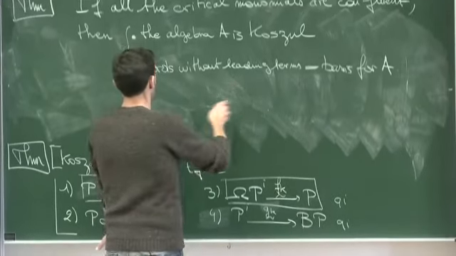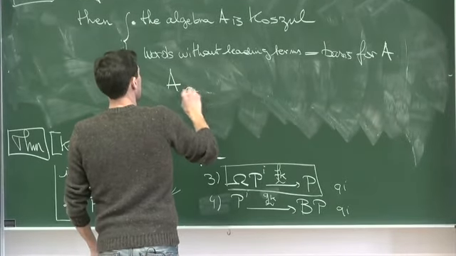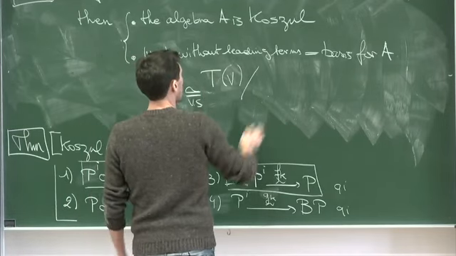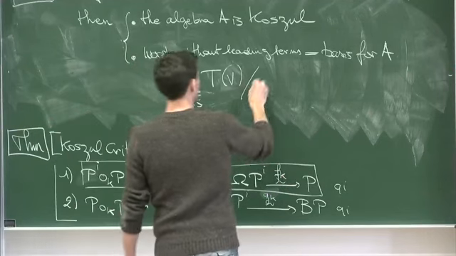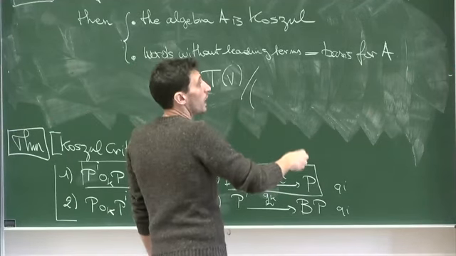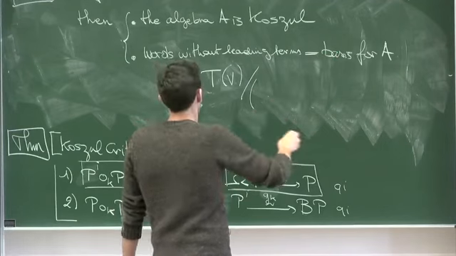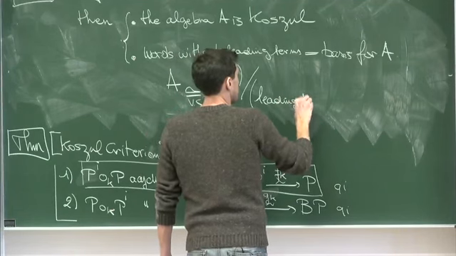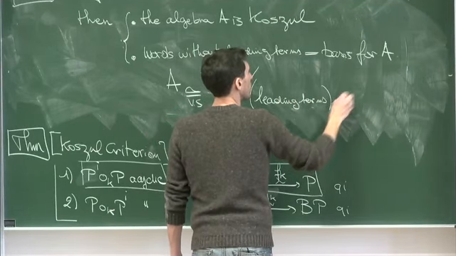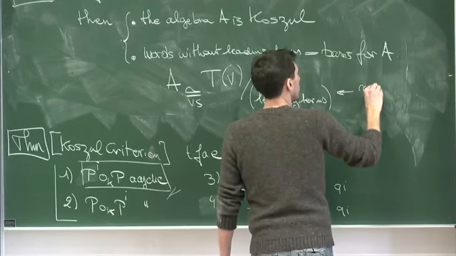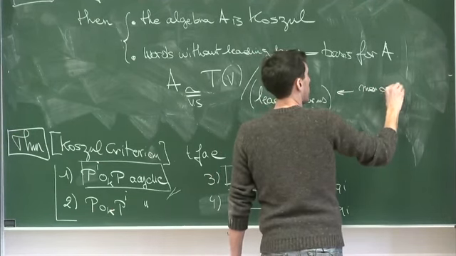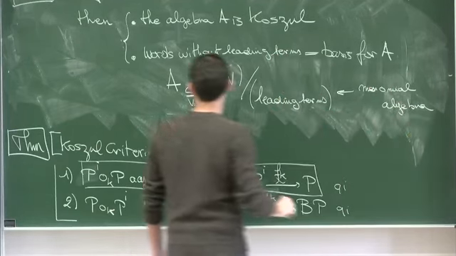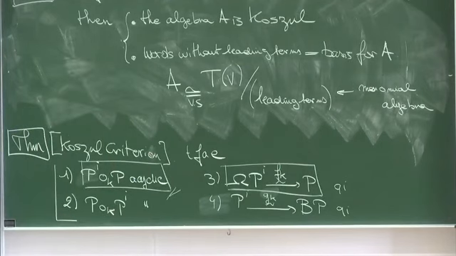In other words, A as a vector space is isomorphic to the free algebra on V, where you kill all the leading terms. Right? So this is a monomial algebra. You kill monomials that you do not want. Okay?